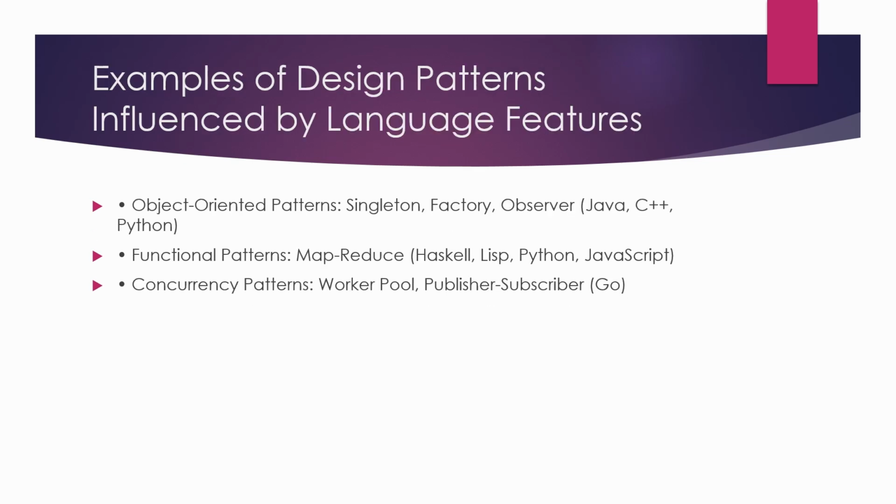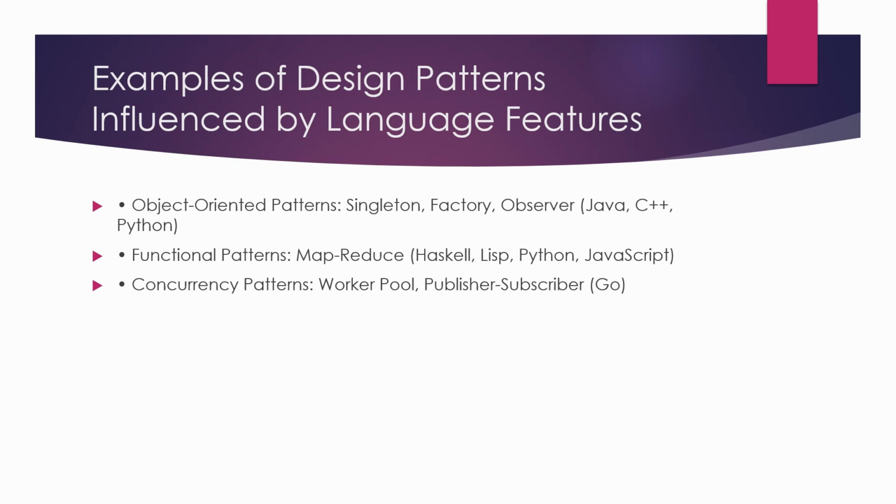Design patterns, which are reusable solutions to common design problems, are influenced by the features of the programming language. Object-oriented languages like Java, C++, and Python encourage patterns like singleton, factory, and observer thanks to their support for classes, inheritance, and polymorphism.